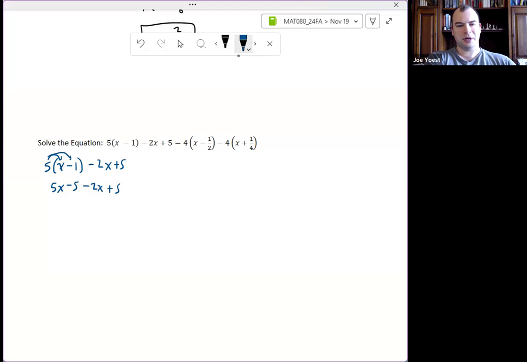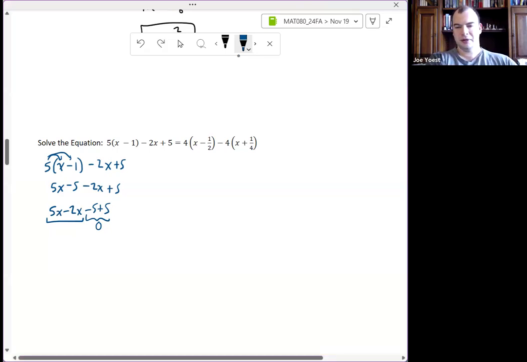I have a commutative property that I can apply if I'm careful. I can think of this minus 2x like a plus a negative 2x, and this minus 5 is like a plus negative 5. And I noticed that minus 5 plus 5 just nets out to 0. 5x minus 2x is just 3x.